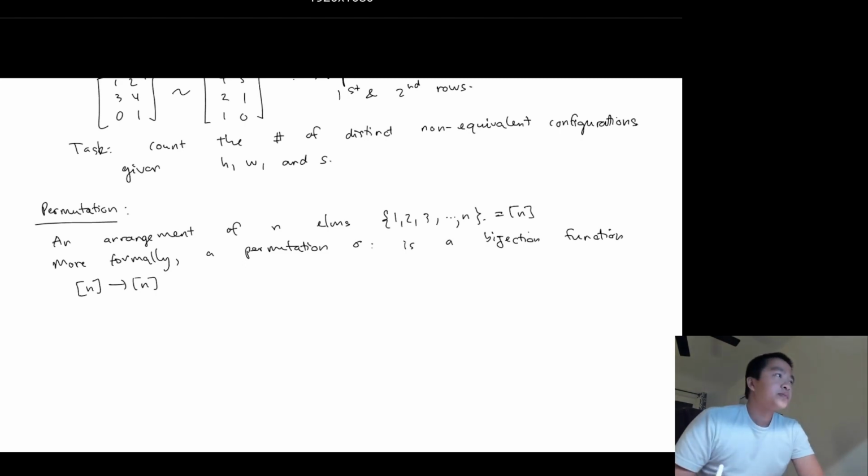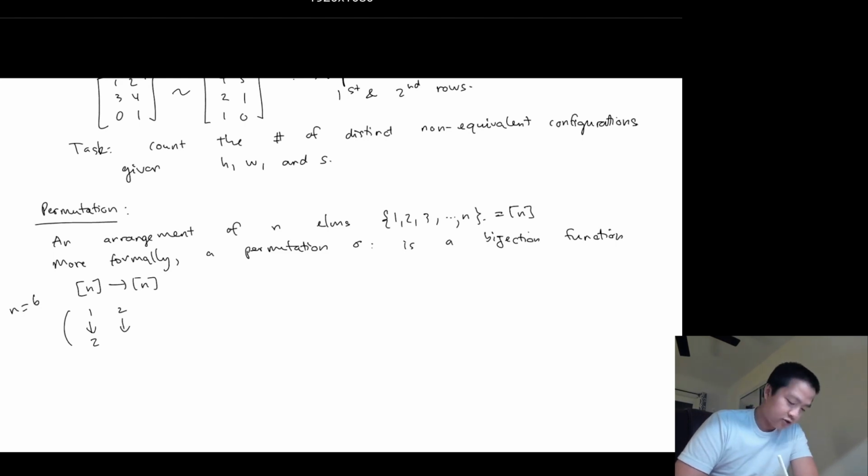Okay, so for example, we have the following permutation. Let's say n is 6, right? We can map 1 to 2, 2 to 4, 3 to 5, 4 to 1, 5 to 3, and 6 to 6, okay, 6 to itself.